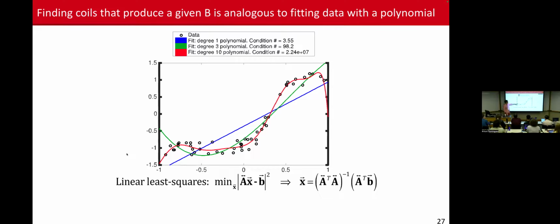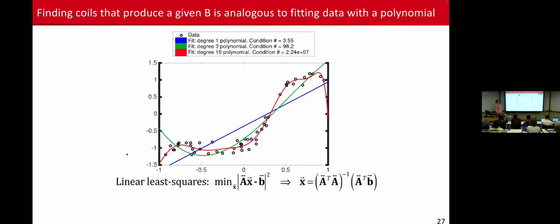But the problem is that what's called the condition number gets really, really big. What that means is you're starting to overfit to the data, and your fit becomes very sensitive to exactly what the data points are. So this is a generic problem: you can use higher and higher degree polynomials, but at the expense that the fit gets more and more sensitive, and a little more dangerous when you get new data.